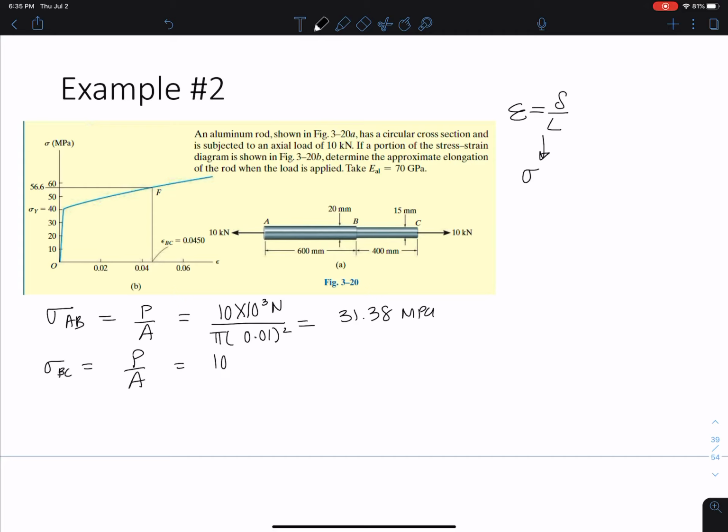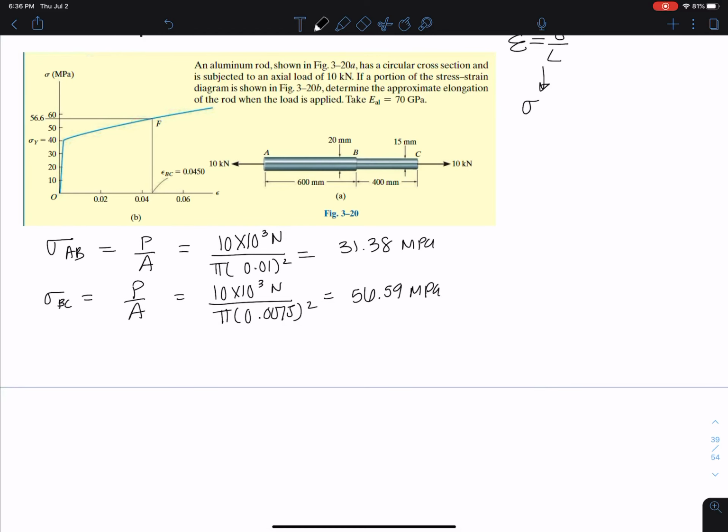And here again, we have 10 times 10 cubed newtons divided by pi times 0.075 squared, and we get 56.59 megapascals.